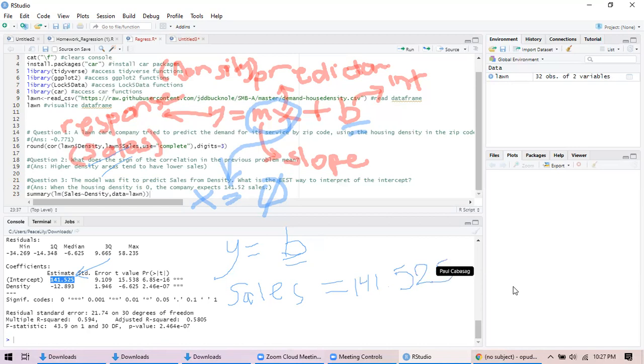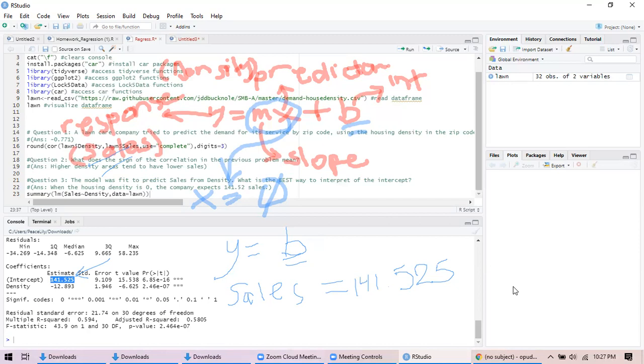Okay, so we pretty much got the answer. This is what the question is asking: what is the y-intercept? So this is our answer right here.